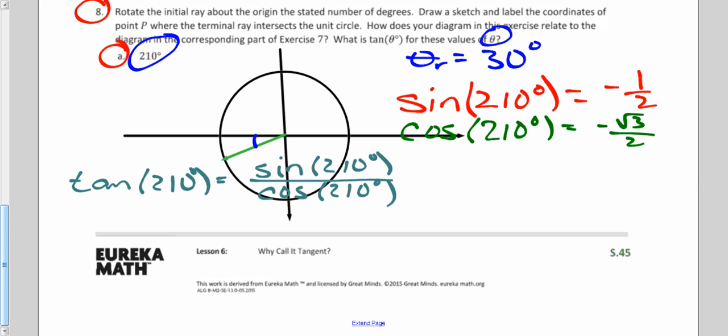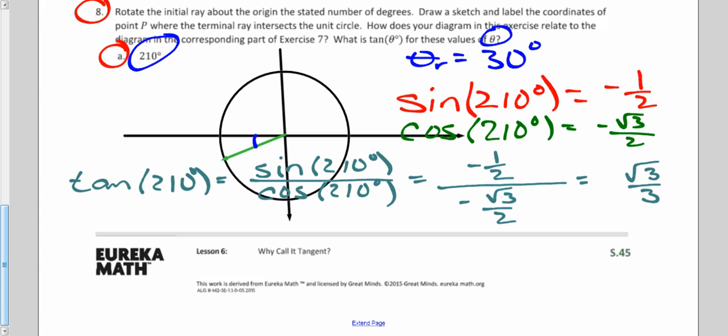Now, tangent equals sine over cosine, which is negative 1/2 divided by negative root 3 over 2. We did all the work with the numbers before, right? That equaled root 3 over 3. But what's the sign on this?